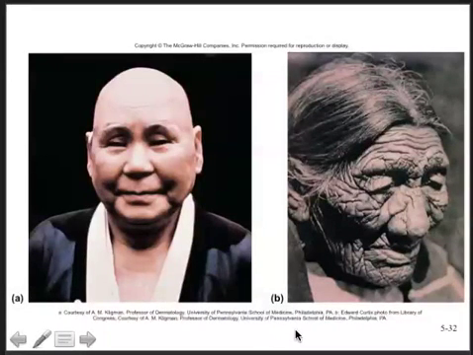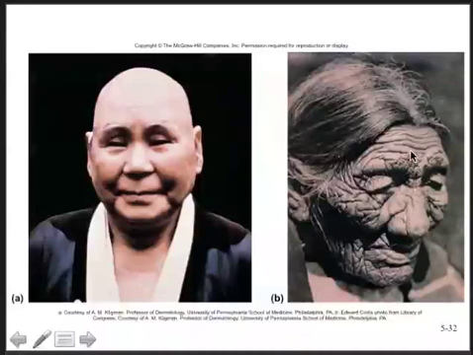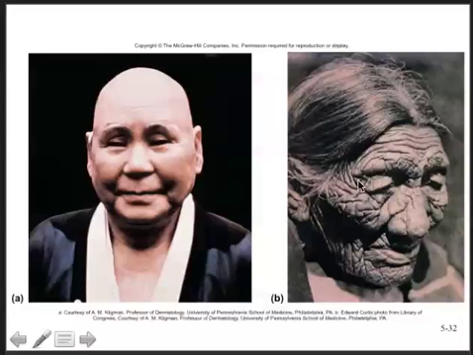What you're looking at here is a couple of photos. We have an American Indian shown on the right, and we have a gentleman who appears to be from China on the left, and what you're seeing there is a difference in lifetime exposure to sun and elements, and this is what leads to, in most cases, this premature aging of the skin, as well as the normal aging process setting in on top of that.